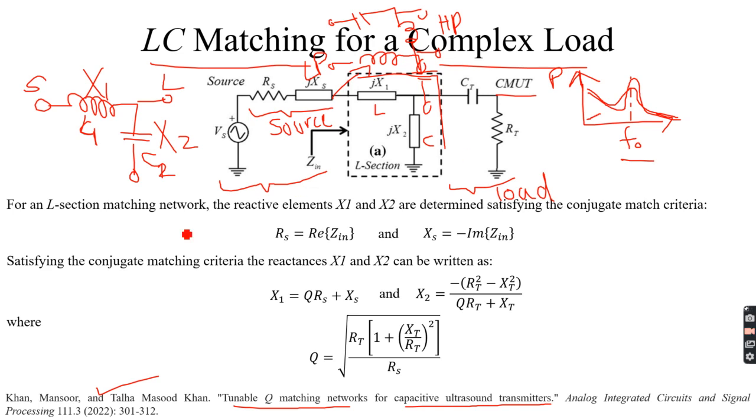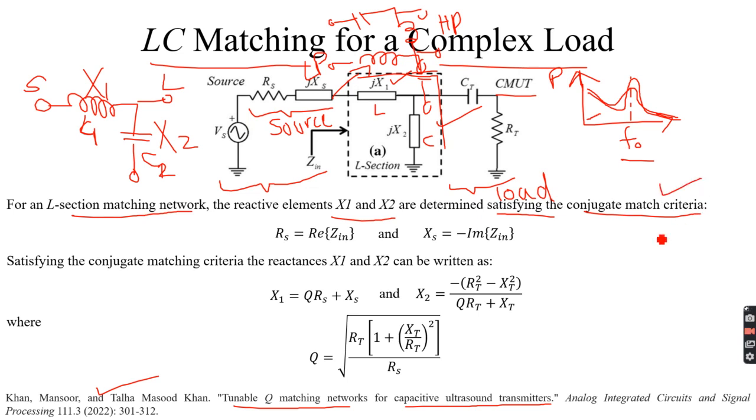For an L matching section, the reactive elements X1 and X2 don't matter whether they are inductor or capacitor. It depends totally on your choice, whether you're using a high pass or low pass configuration. The reactive elements are determined by satisfying the conjugate match criteria.